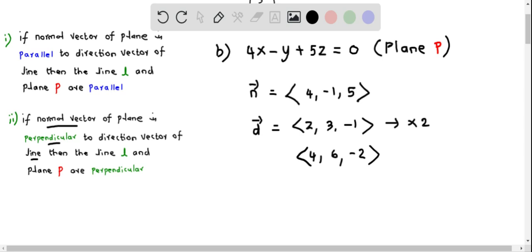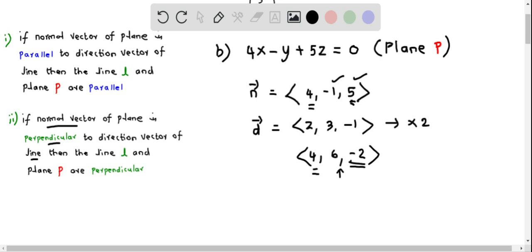So if we multiply by 2, we get the first component the same as that of the normal vector, but the other components are not the same as we have obtained over here. The second component has to be 6, however we have negative 1, and the third component has to be negative 2, but we have 5 here.